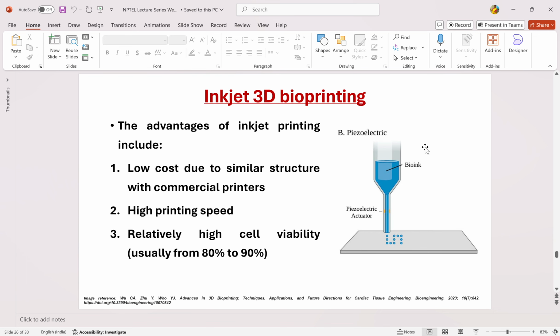In the piezoelectric one, instead of a heater you have a piezoelectric actuator. This piezoelectric actuator will put a mechanical pressure on your bioink, which will be converted into electrostatic charge in your bioink, and then it will be printed.